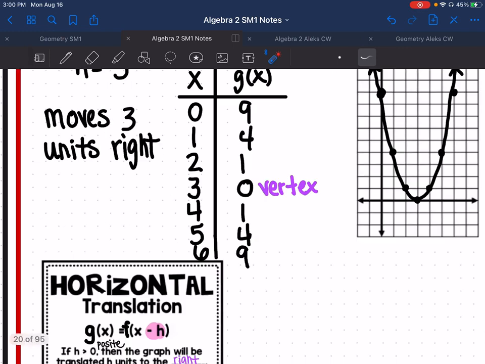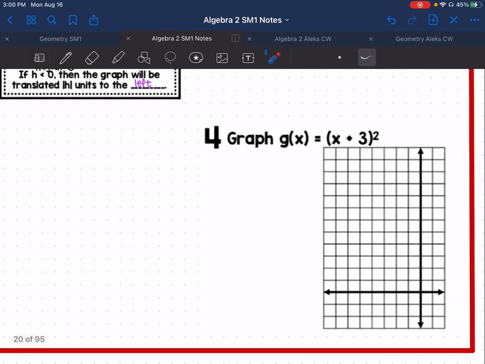Let's take a look at another one. Here is my H, but this time, if I look right here, this has changed. And so now I'm going to grab it as part of the formula because I know that H is really -3.